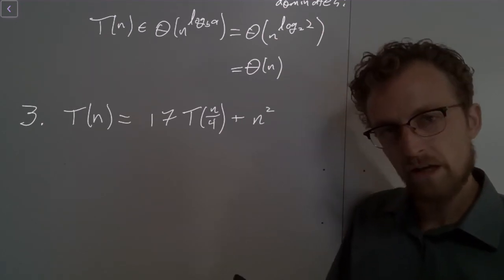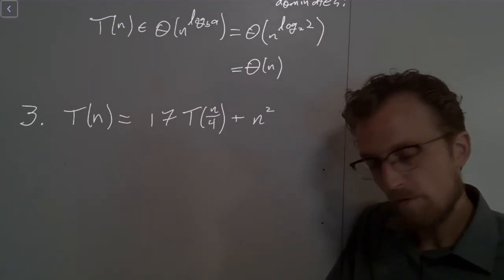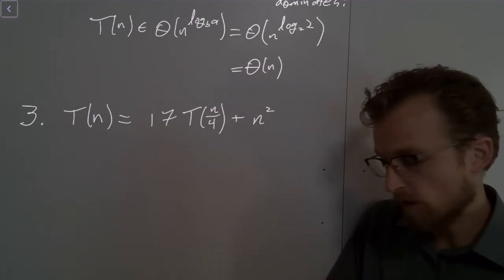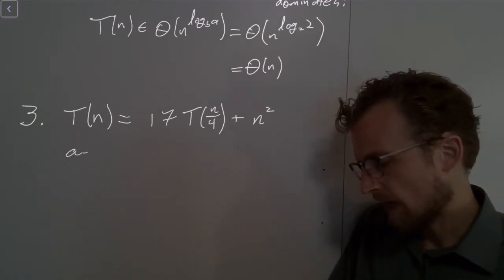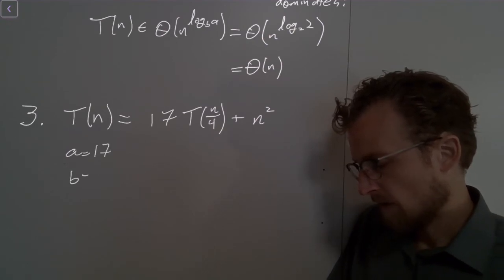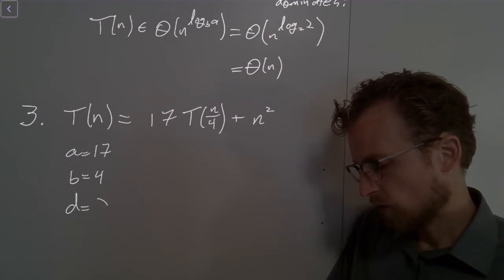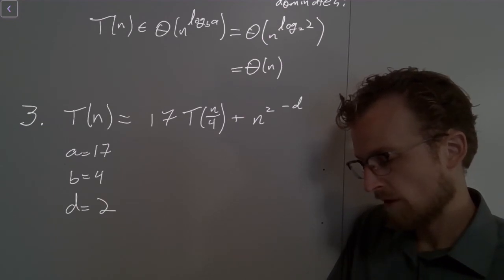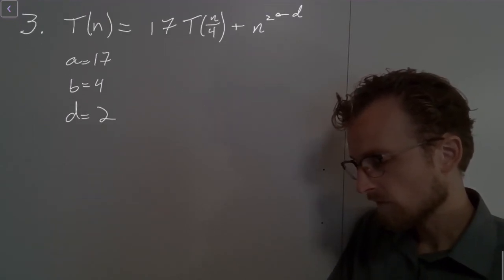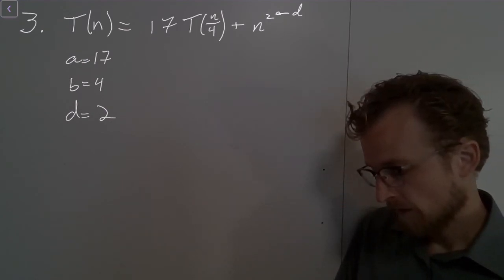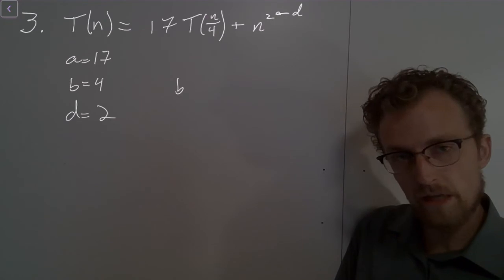squared. Okay, so in the Levitin approach, I'll find a, b, and then the exponent associated with the overhead term. So I'll say a is 17, b is 4, d is 2. Remember, that's d. And then I'll compute b to the d and compare that with a.